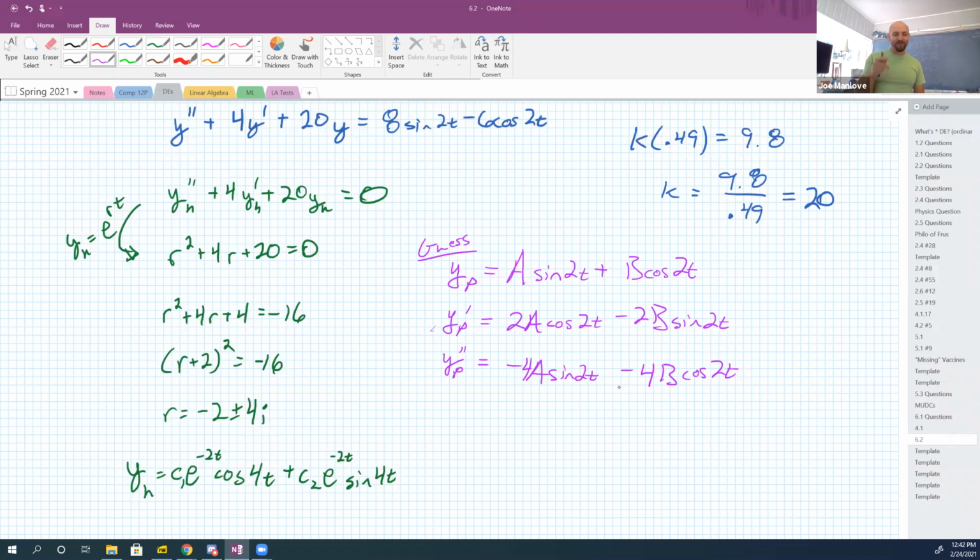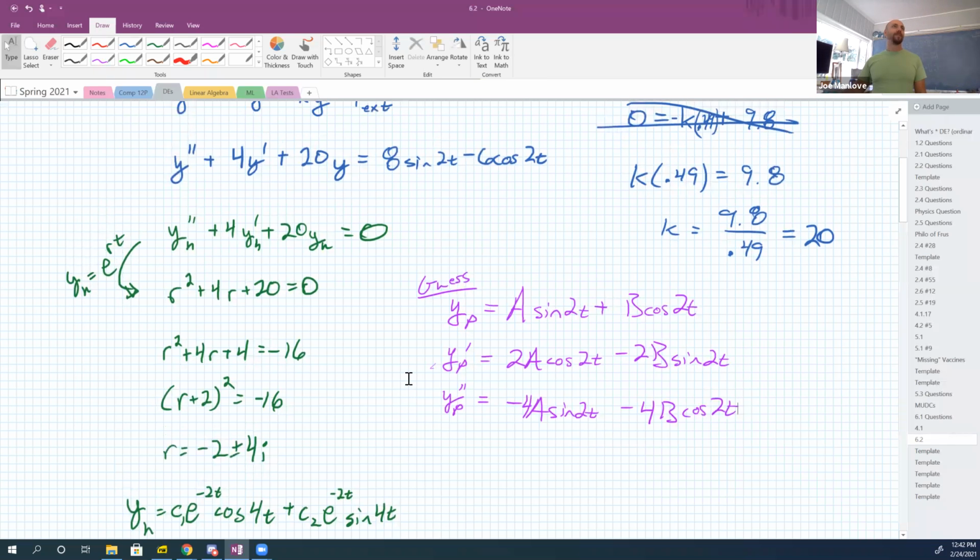So the thing that I'm concerned about is that the r's might overlap. So if you look at this carefully, these things would be the solution if r was plus or minus 2i, right? You guys with me on that?